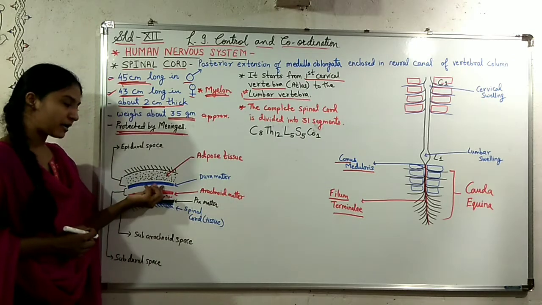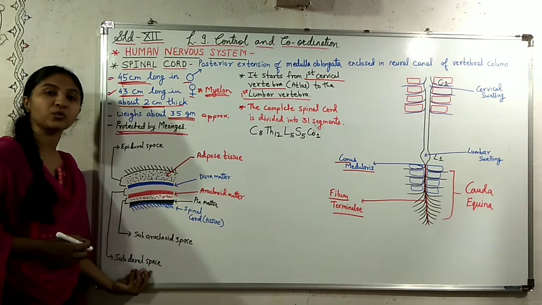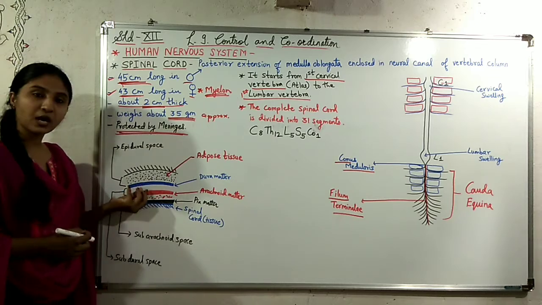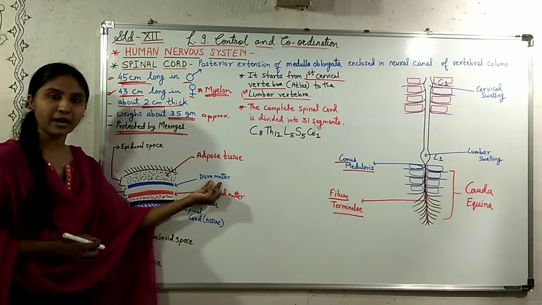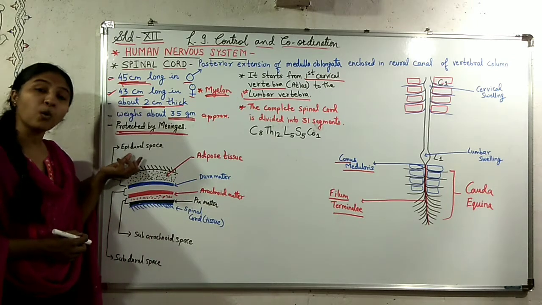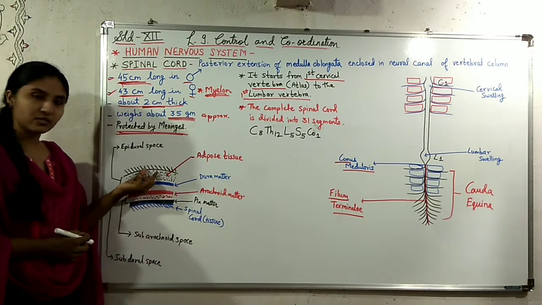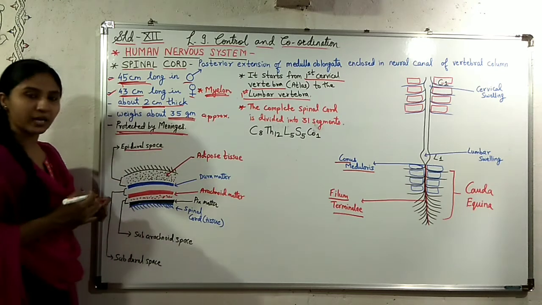Above arachnoid mater again there is a space, and that space is called the subdural space. Above the subdural space follows the third layer of the meninges, that is dura mater, and between the bone and the dura mater there is a space called the epidural space.